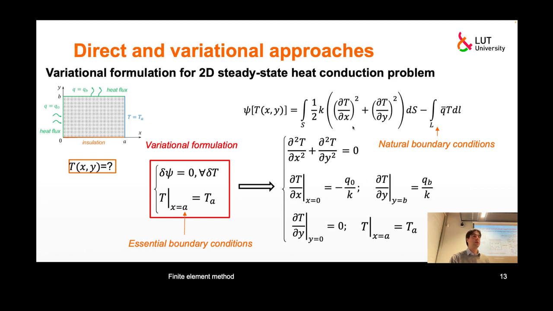If we use variational statement, those boundary conditions must be incorporated into the functional. Another type of boundary conditions prescribe displacements. Oh, sorry, not displacement, temperatures in this case. And this is what we call essential boundary conditions. And we need to manually prescribe them in addition to this general statement that first variation of the functional must be equal to 0.